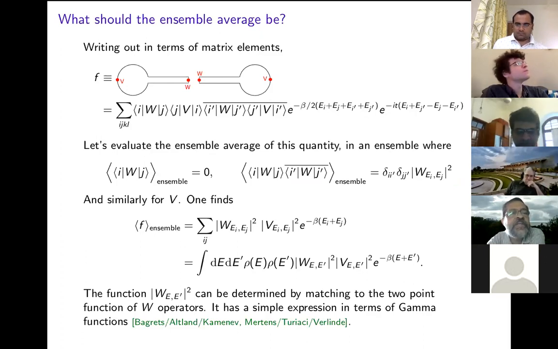What I mean is that in ETH you could say the matrix element O_ij, where O is a Hermitian operator, is something diagonal plus e to the power minus S by 2 times a random variable.